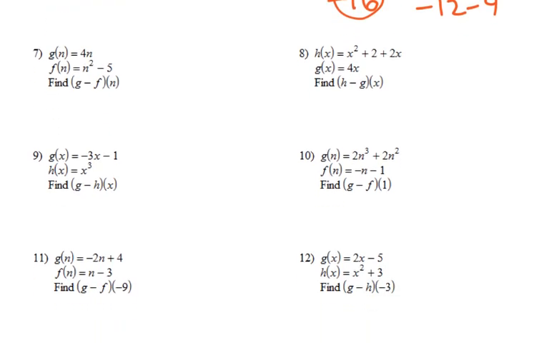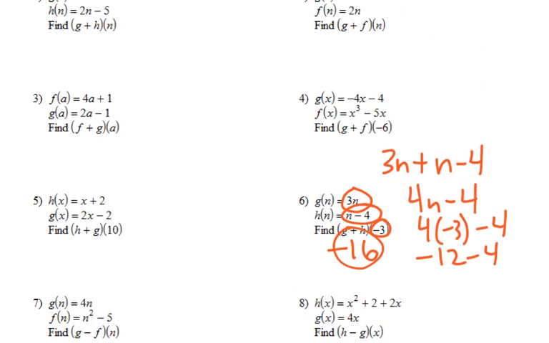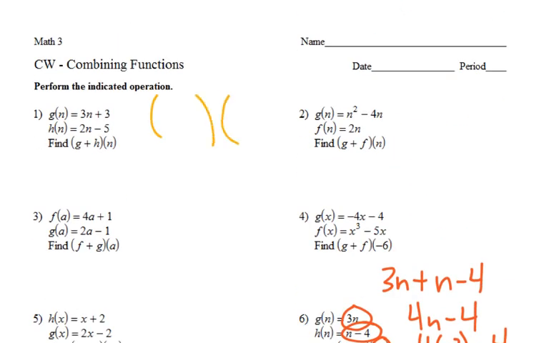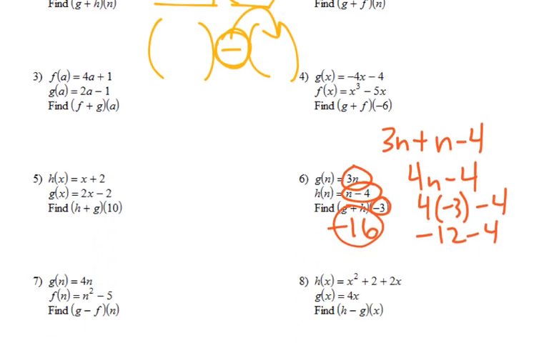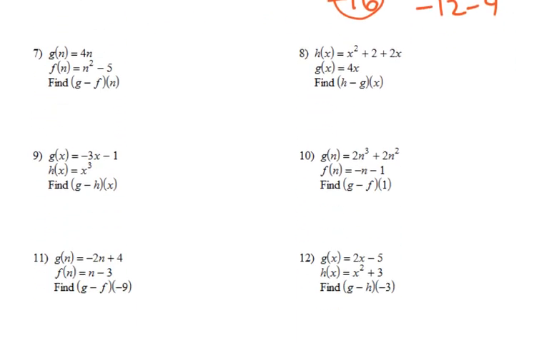Now a subtraction, it's similar, except where we started up here with parentheses, and we just put the plus, and then we got rid of the parentheses. With subtraction, we want to keep the parentheses because that minus affects the parentheses after.